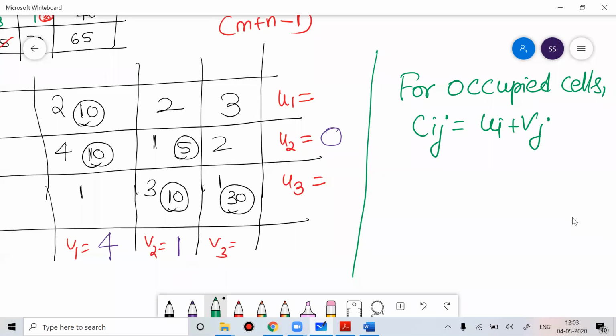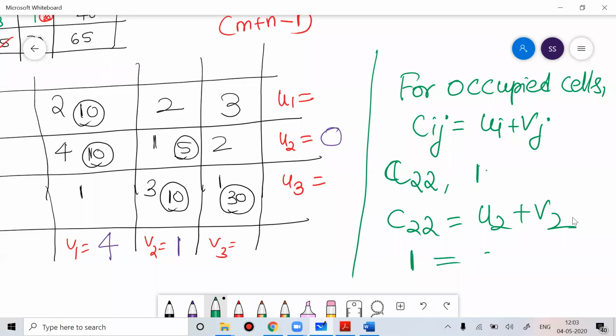If you see the A22 cell, that means second row, second column. The cost of that is 1, so that is U2 plus V2. U2 is 0, so V2 would be equal to 1. I hope you still remember what we did in the last class. With that you can find the values of V1 and V2.